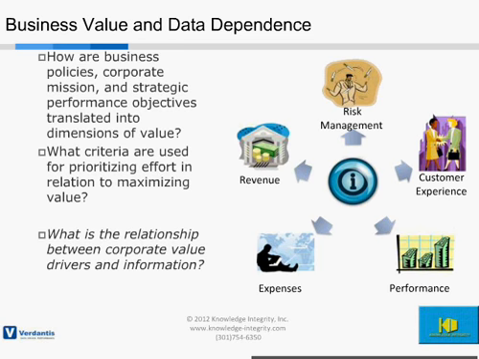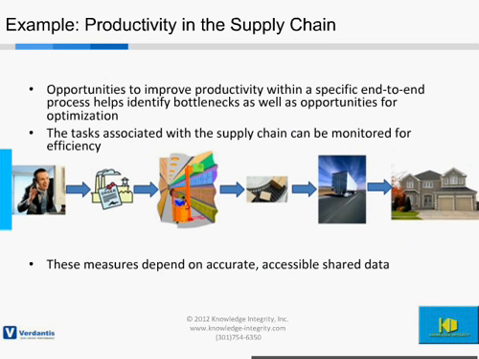For one is productivity in the supply chain. And here, again, it's a really good example of where the original intent of the developed applications and systems and their corresponding data subsystems are specifically designed to accommodate the functional needs of each aspect of the business.